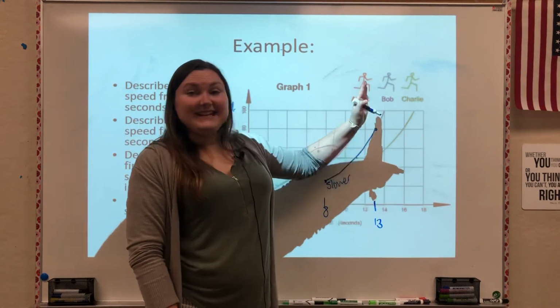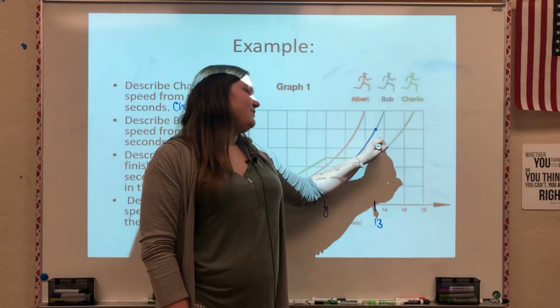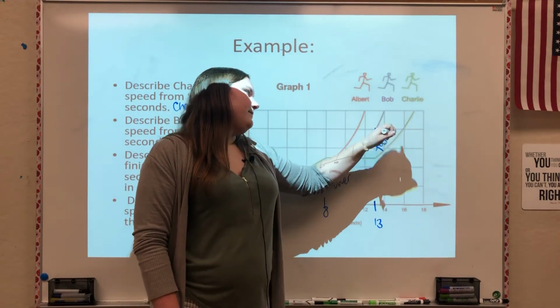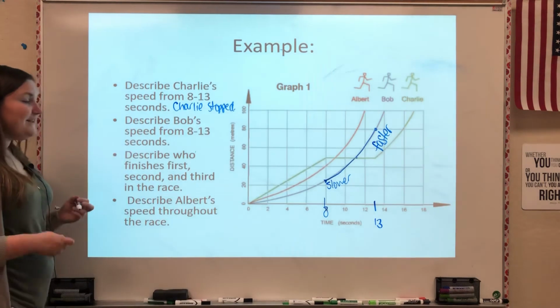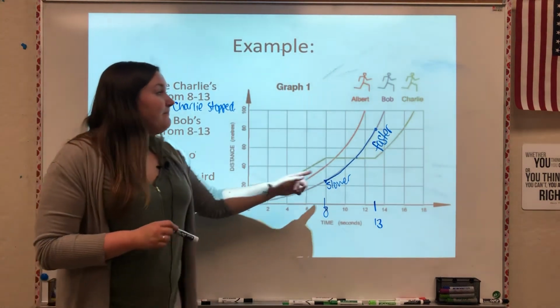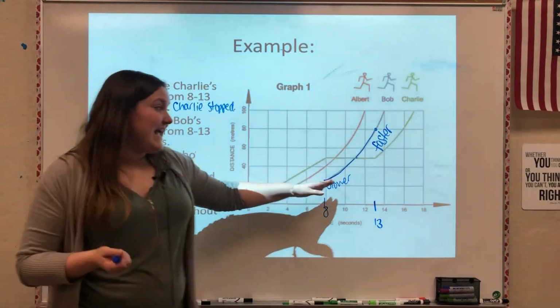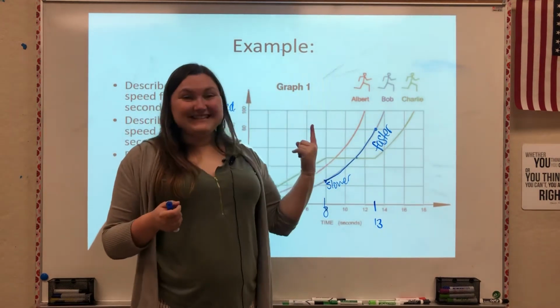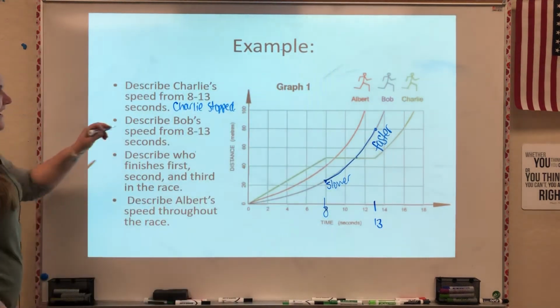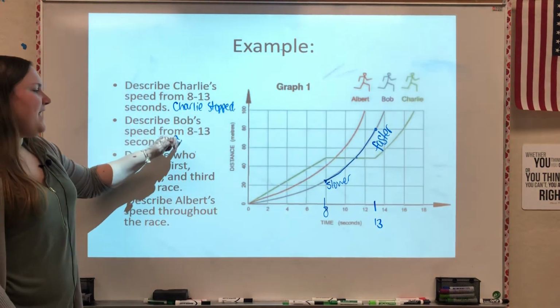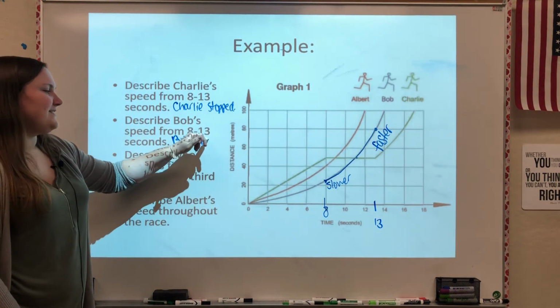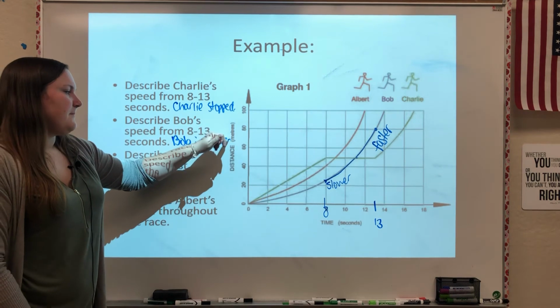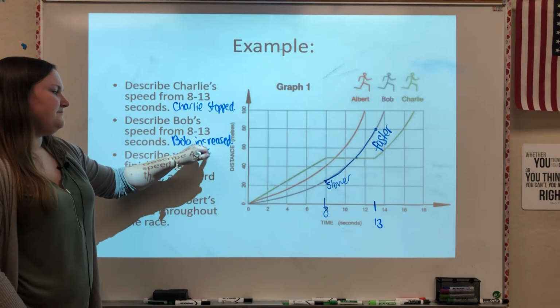Up here where the line is steeper, it means he was moving faster. So if I wanted to describe his speed, I could say Bob is starting slowly and then getting faster. You could also say he's increasing his speed. That's what I'm going to say. I'm going to say Bob increased his speed.